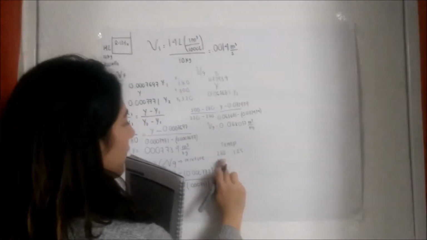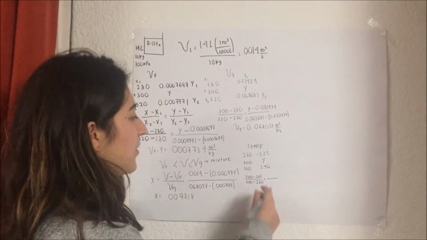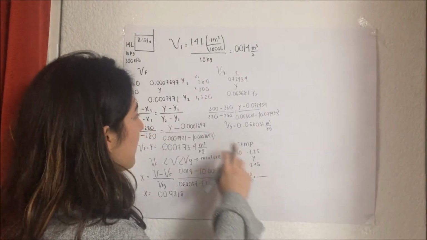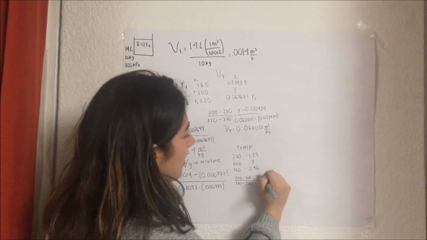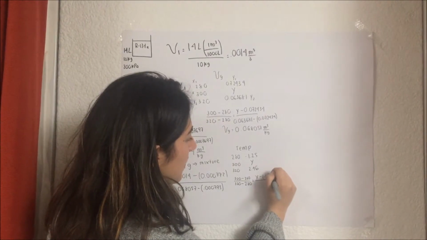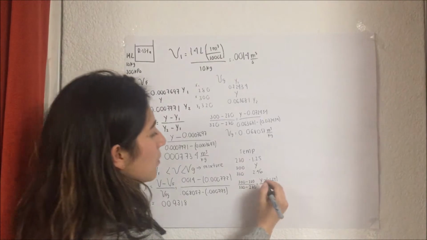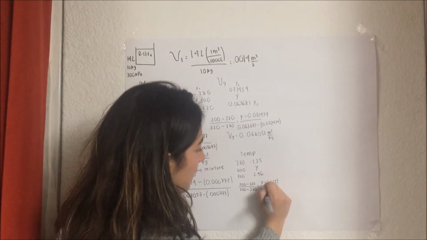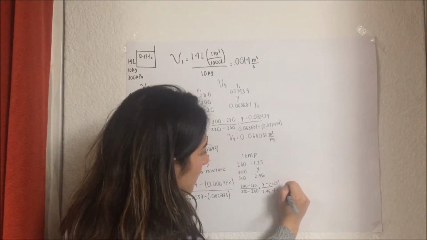We have to look for 300, and for 320 we have 2.46. So this equals y minus y1, which is minus 1.25, over y2, that is 2.46, minus y1, which is minus 1.25.